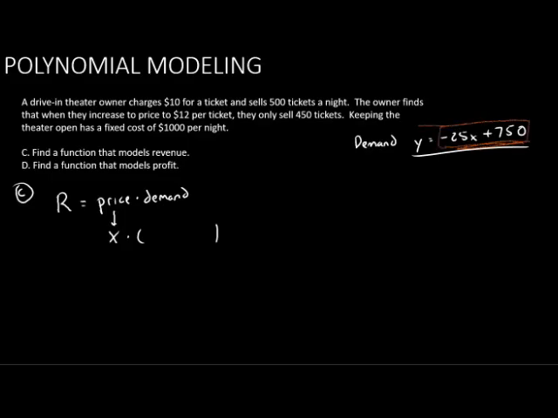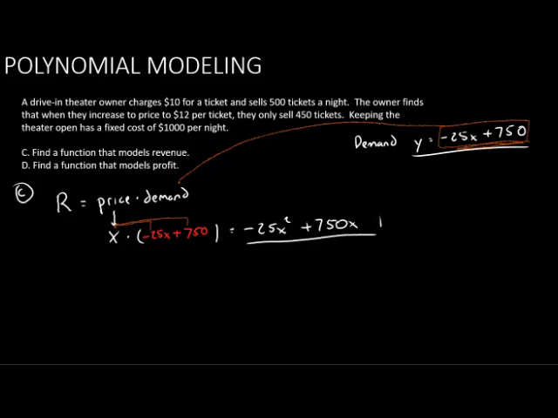This entire string will go in place of the demand. We'll place that in the parentheses. Then we'll multiply the x on the outside times both terms on the inside. If we take x times both of those terms, we'll end up with negative 25x squared plus 750x. This will be our revenue function.